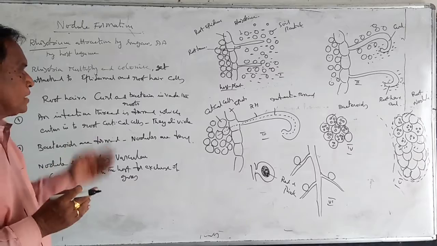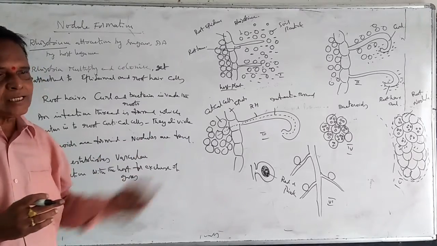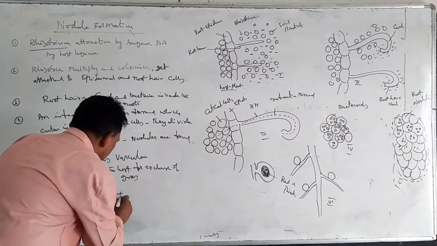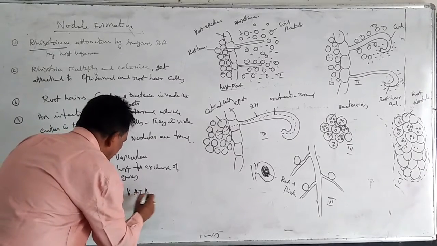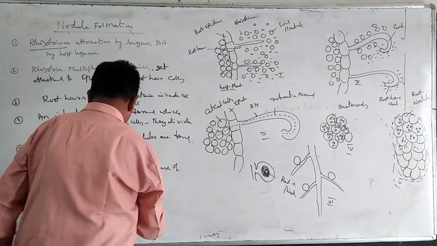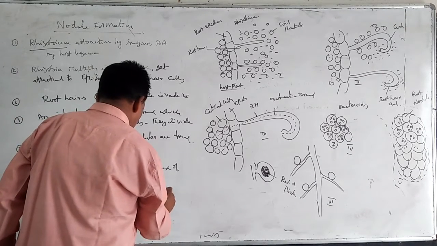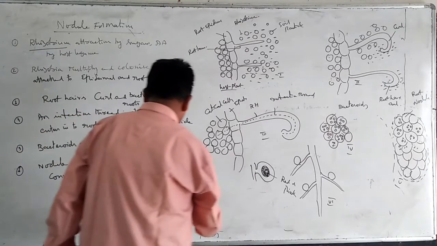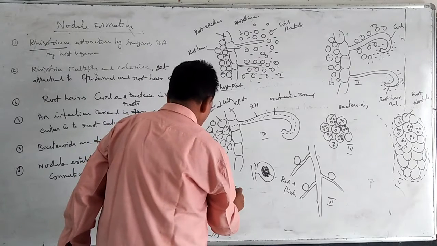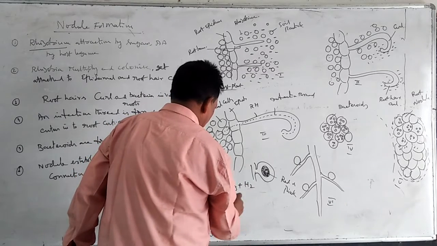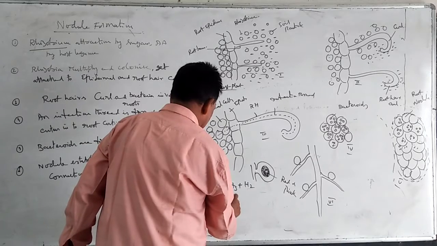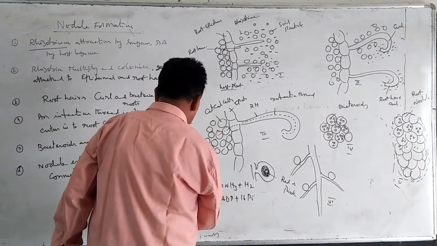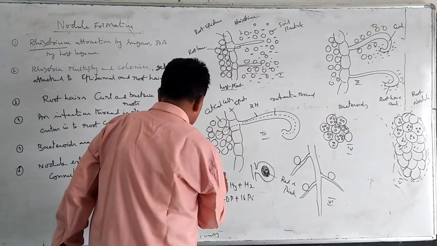And the final equation we have also seen in our previous class, where nitrogen combines with 16 ATP, eight protons, 8 electrons, and is converted to ammonia with the release of hydrogen, 16 ADP plus 16 inorganic phosphate, and this is actually the enzyme nitrogenase.